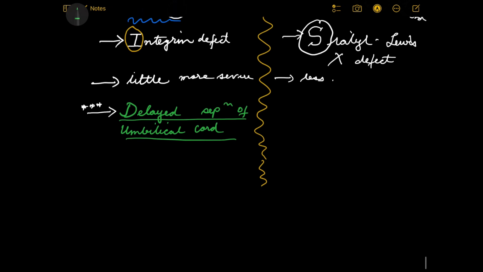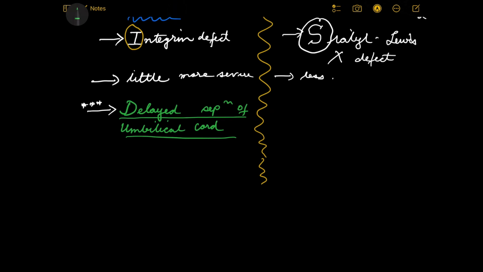the reason for that is that separation of the umbilical cord would actually mean that there is a local ischemia. This local ischemia would mean that there is a local inflammatory process going on, local inflammation. This would mean that all those steps we have talked about as far as inflammation is concerned would likely be occurring, and so adhesion would also be occurring, but now there is a defect in integrins.